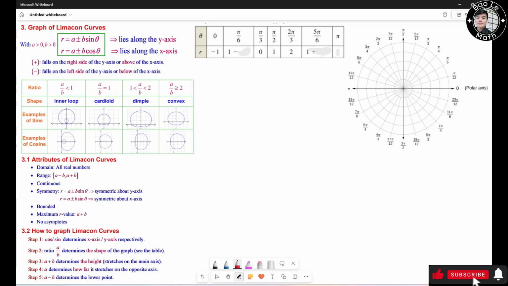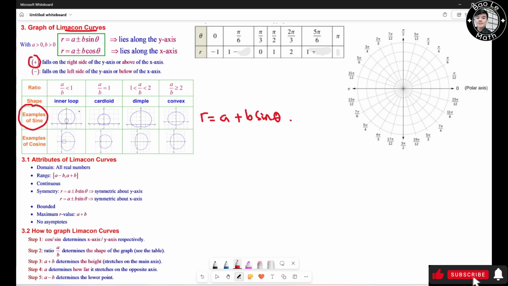Now, look at the Limaçon curves with respect to sine theta right here. All of these fall above the x-axis, which means the Limaçon curve has the form r equals a plus b sine theta. The plus sign right here.